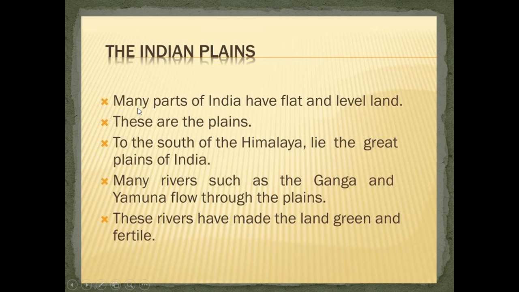Fertile land means the land which has the fertility capacity where the farmers can grow their crops. Understood? To grow crops, we need a fertile land. Because of these rivers which flow through those plains, it makes the plains fertile.